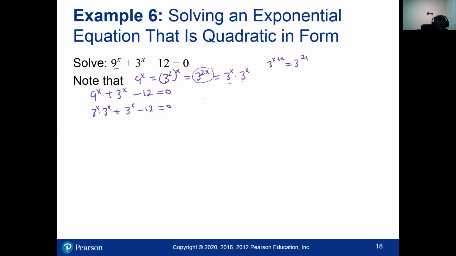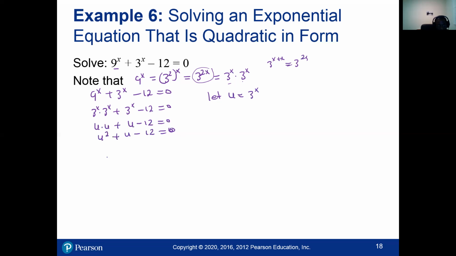So make the substitution: let u equal 3 to the x. That's where you see the quadratic. So 3 to the x times 3 to the x becomes u times u, plus u minus 12 equal to 0, and that gives u squared plus u minus 12 equal to 0. So this is quadratic.